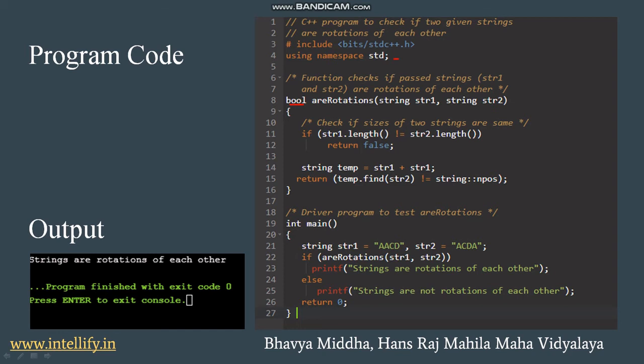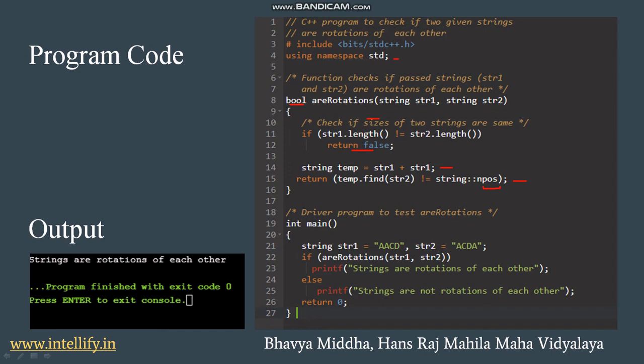First and foremost, we consider their sizes. If the length of both the strings is not equal, then definitely they cannot be the rotations of each other. Then in the temp string, we concatenate str1 with str1. Now, using this statement, we check if str2 is a substring of the temp string that we just created.